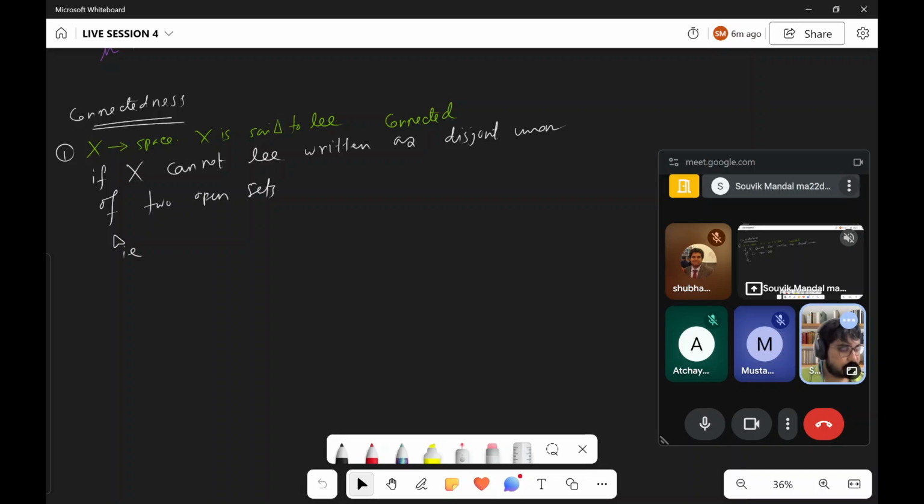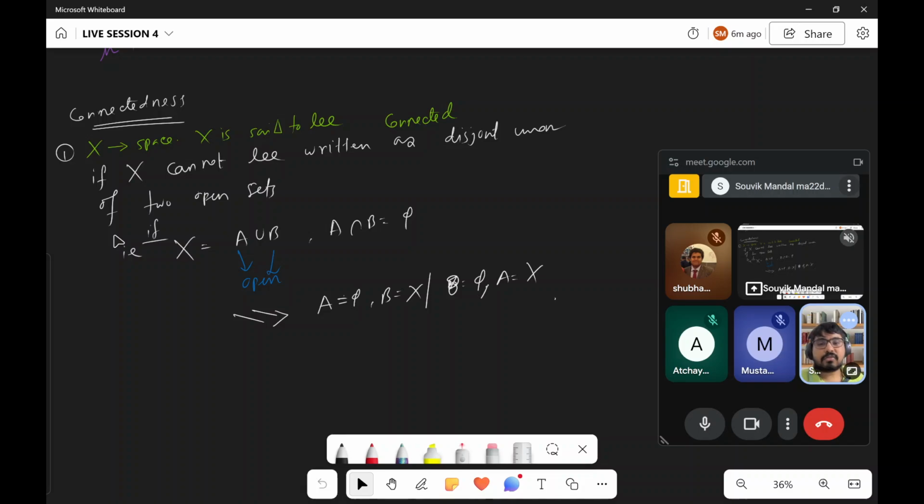That is, if we can write X equal to A union B, where A and B are disjoint and both open, then that implies A is empty and B equals X, or B is empty and A equals X. So that's the first definition: a space cannot be written as a disjoint union of open sets.